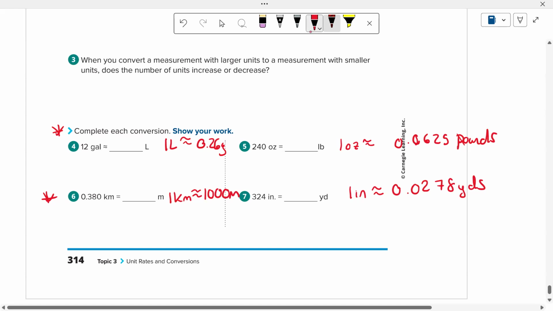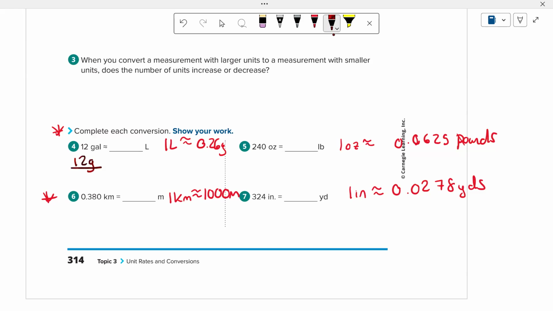I'm going to do the first one for you because I'm kind that way. So I know 12 gallons, and I don't know how many liters. That's going to be about 1 liter, 0.26 gallons. So you can do the cross multiply method, whichever way you prefer. Some students ask me, can I write it like this?